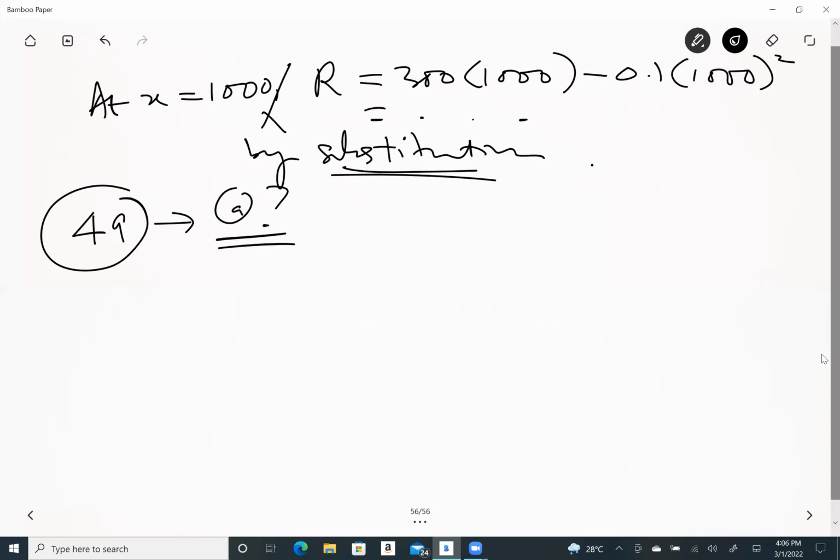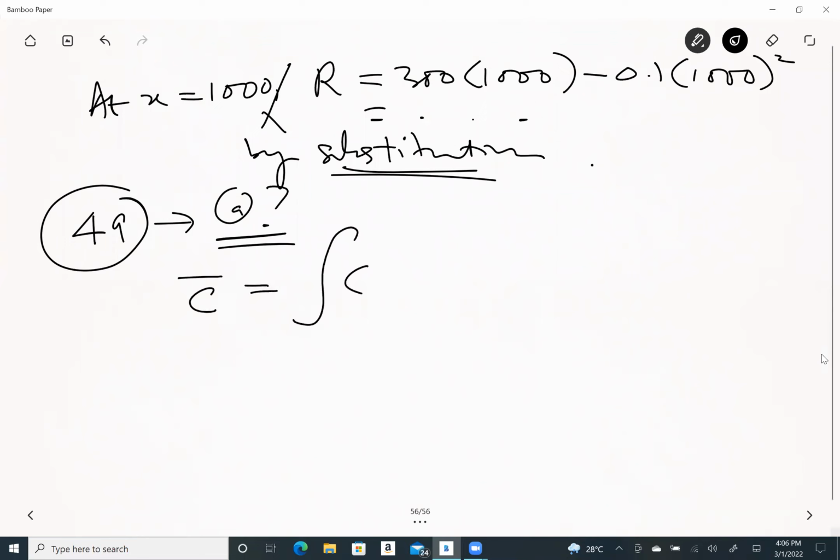Okay, got it? So you are given what? You are given the derivative of the average cost. Part A, I want to find the average cost of the product. So average cost, C bar, that is equal to what?